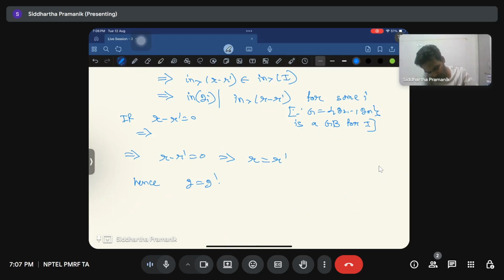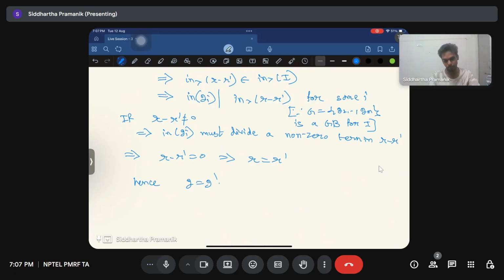If this is non-zero, then the initial term of Gi must divide a non-zero term in R minus R prime, and terms of R minus R prime are just terms of R and also terms of R prime.